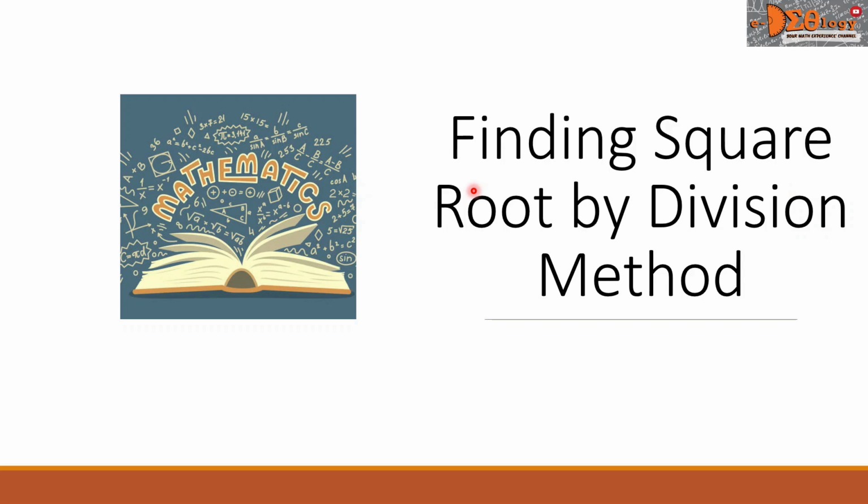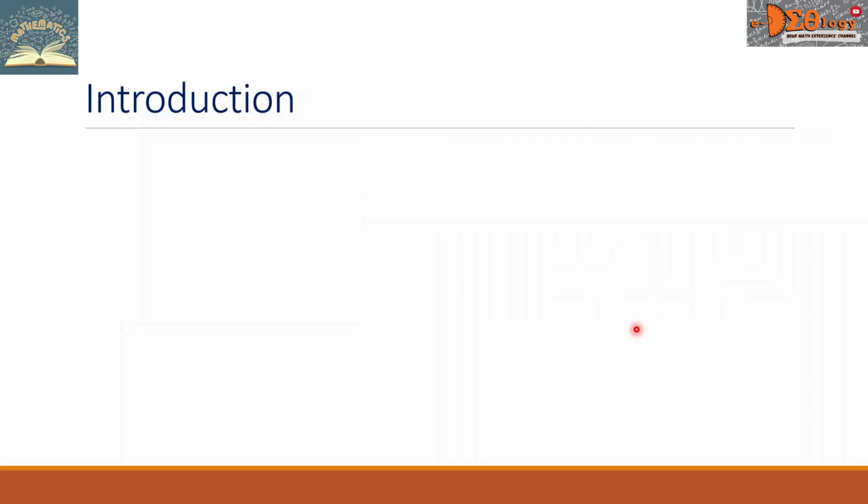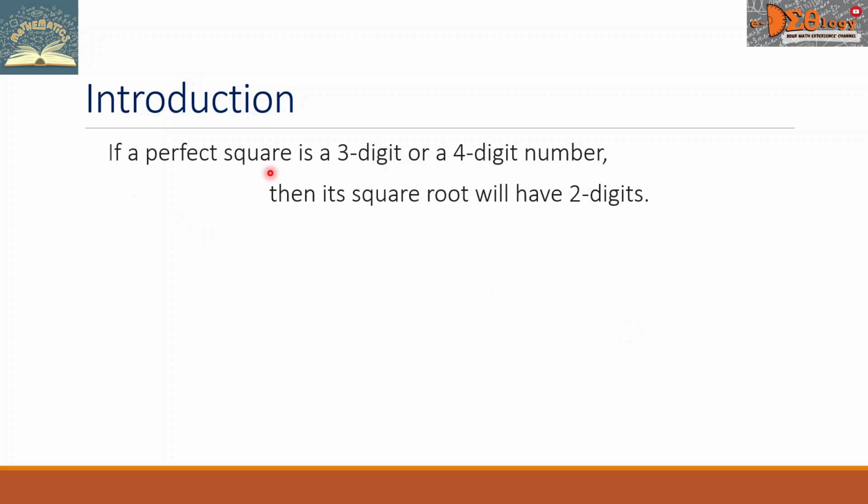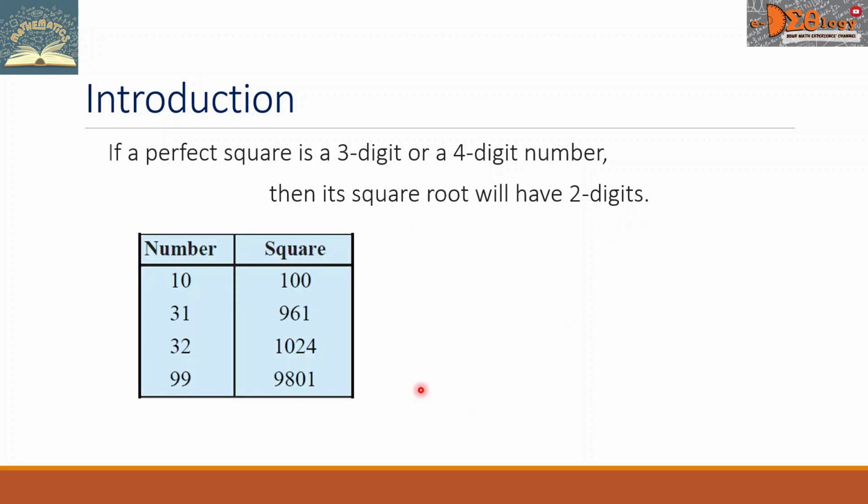Hi everyone. Today we're going to study finding square root by division method. If a perfect square is a 3-digit or a 4-digit number, then each square root will have 2 digits. Let's see some examples.